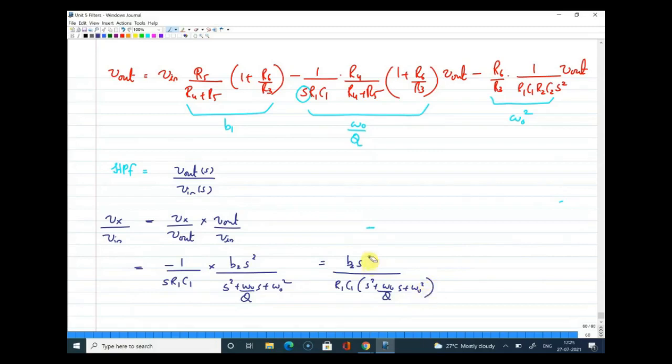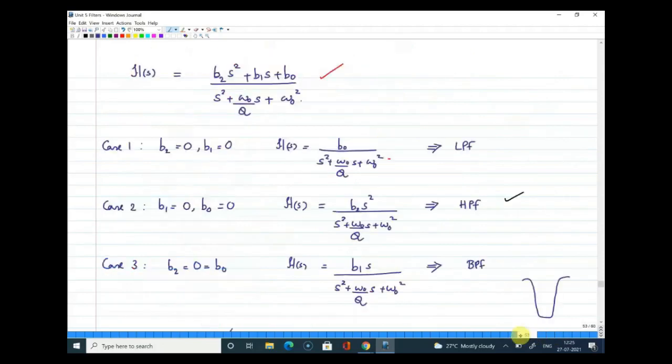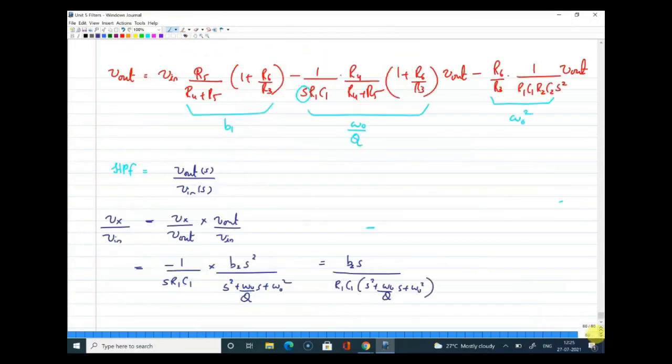Sorry, B2 S, there is no square, the S will be cancelled. What is this transfer function? Look at our first discussion. When you have B2, when you have B1 of S, it is nothing but a band pass filter. So this is your band pass filter response.